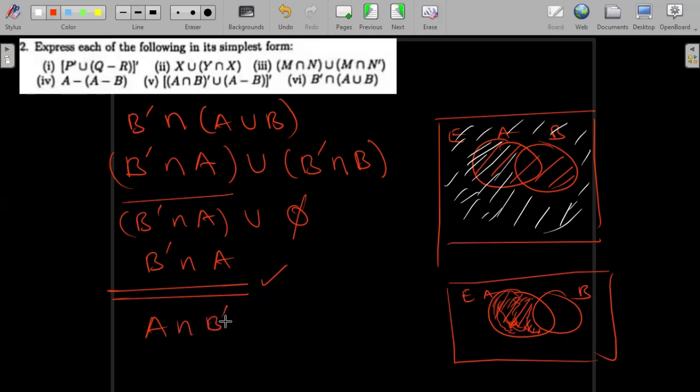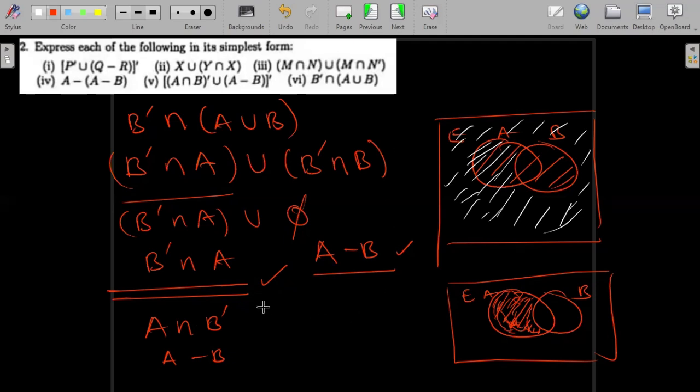Here the intersection is commutative. Whether you write it the other way around, it's the same. So the complement is here, and this is the same as saying A minus B. Even if you conclude here and just write A minus B as your answer, they will not mark you wrong. This is correct. So whichever you use, it means the same thing.